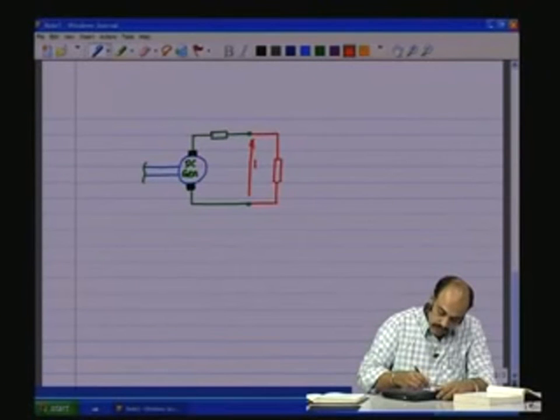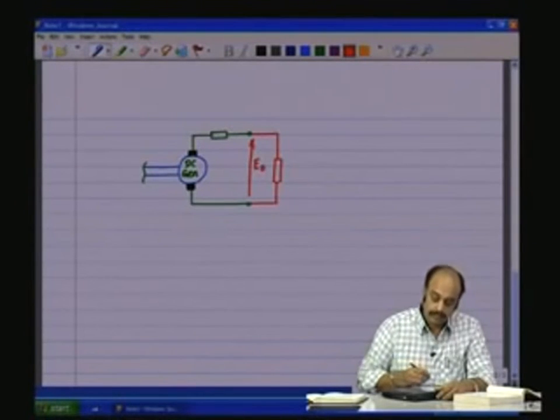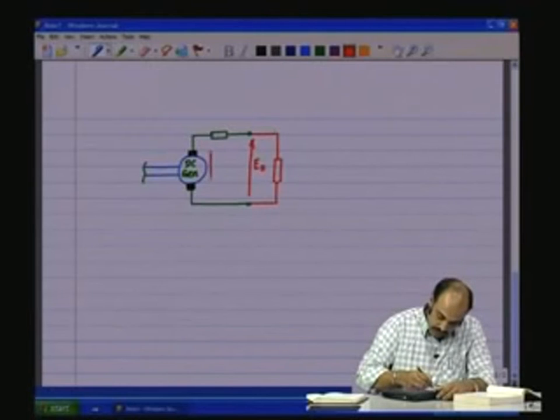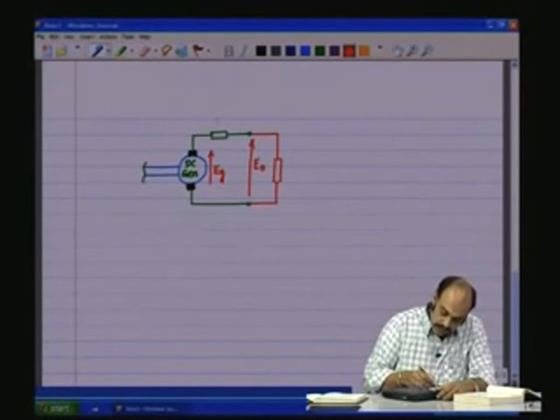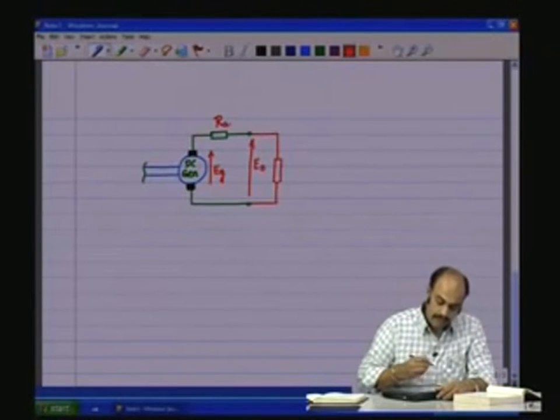So, this is E, we will call this E naught, and what is actually generated here we will call EG, and this resistance is RA.